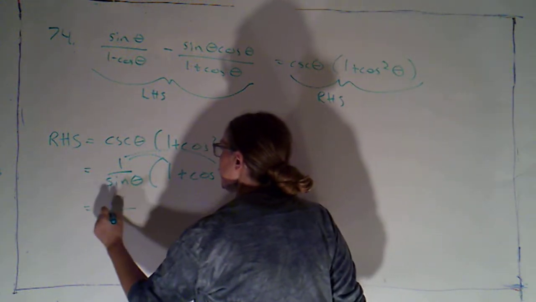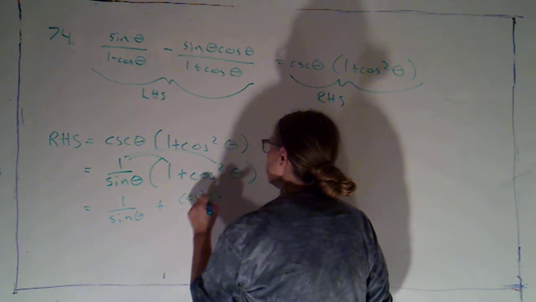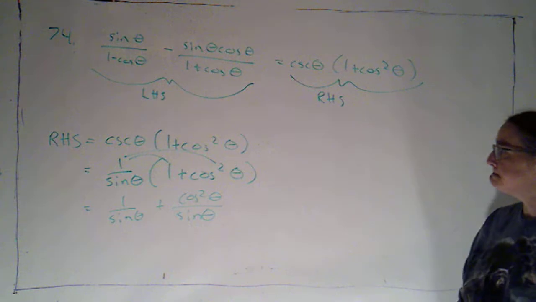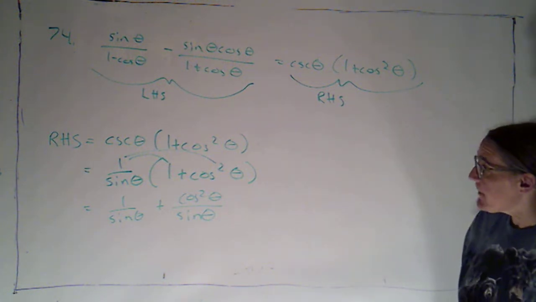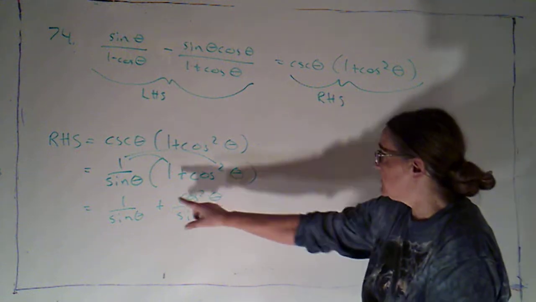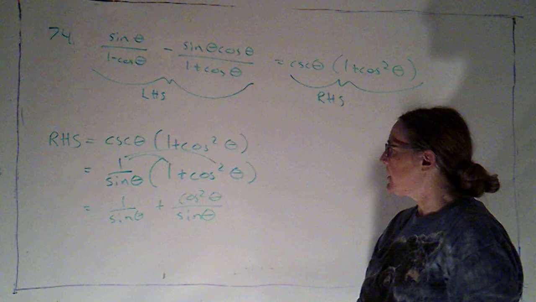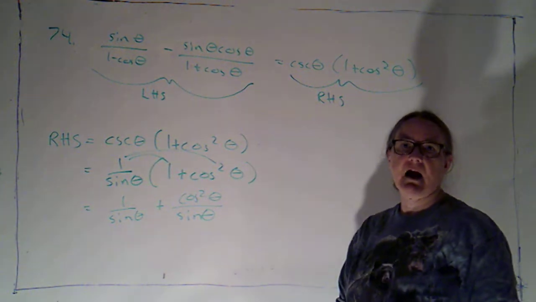So I can say that's going to be 1 over sine theta plus cosine squared theta over sine theta. Okay. And if I want, I guess I could actually do the arithmetic and combine that as one fraction. I think I'm going to go ahead and just leave it like that. That's what I've gotten the right-hand side to.